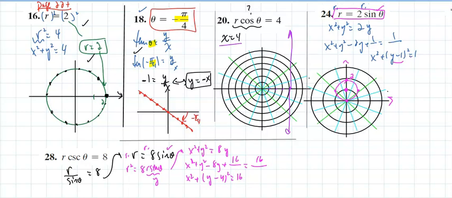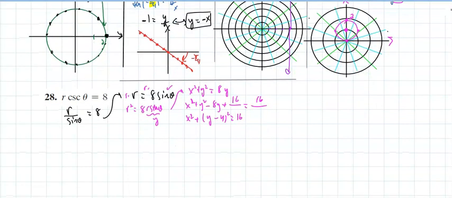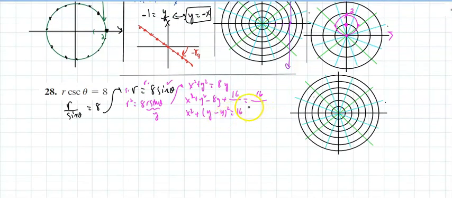Well, I know what that is. That's a circle with a radius of 4, and the center is (0, 4), and the radius is 4. So I'm going to count each of those as 2. This is 2, this is 4, this is 6.